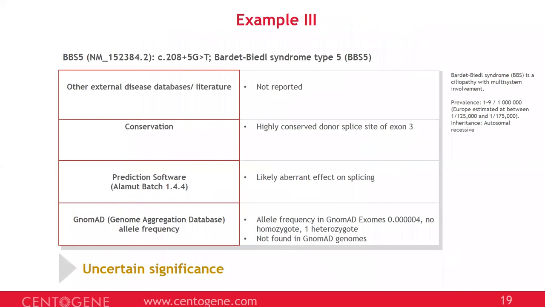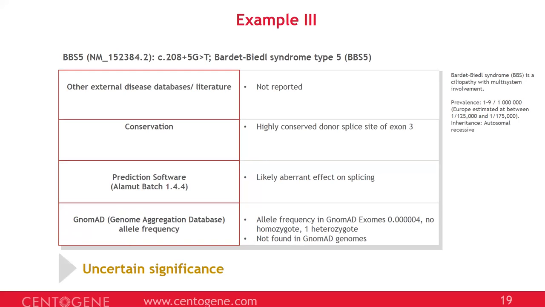My third example is a reclassification of a variant, and I find it really, really interesting. Maybe it's one of my favorite examples, since it's coming from a common effort from the CENTOGENE side as well as the physician side to clarify the clinical significance.